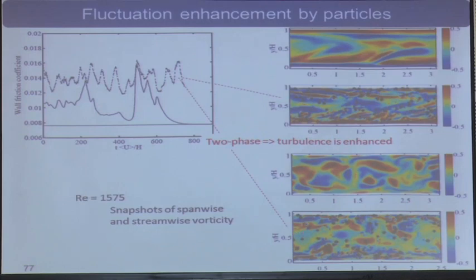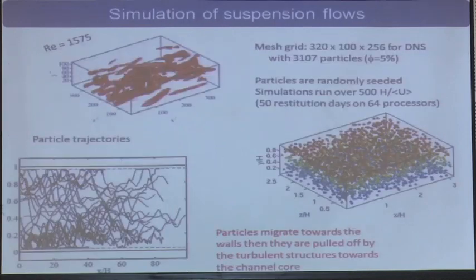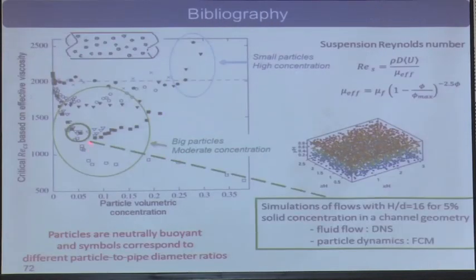And we propose a physical mechanism to explain why it has modified the onset of turbulence, because it has modified what is called the regeneration cycle of turbulence, a kind of mechanism to generate turbulence. And the presence of particles will modify this instability.